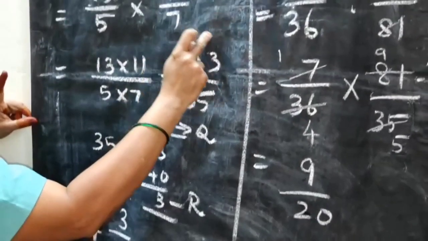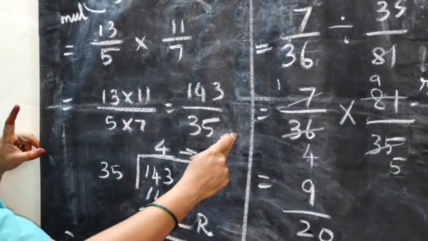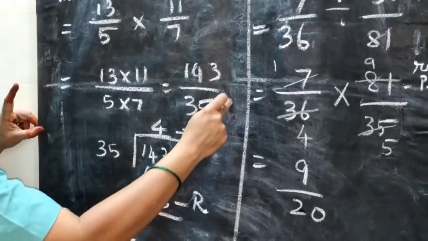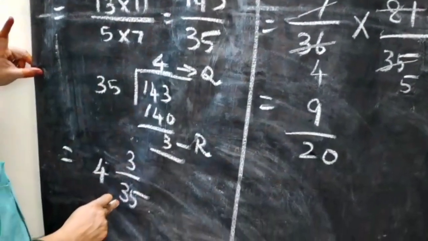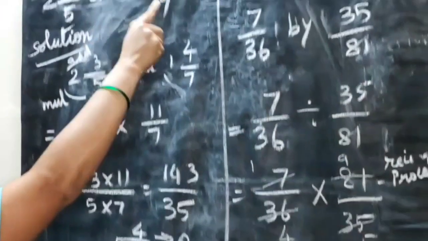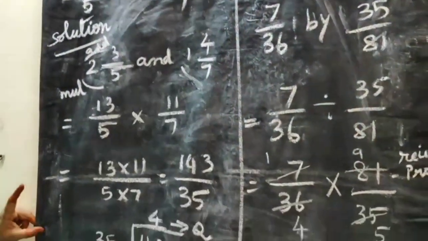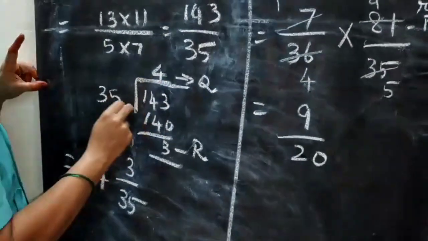What is this fraction? The numerator is a big number and the denominator is a small number, so this fraction is called an improper fraction. Change it into a mixed fraction. Why do you want to change it here? In the given question, all the numbers are mixed numbers, so you want to write the answer also as a mixed fraction. 143 divided by 35.